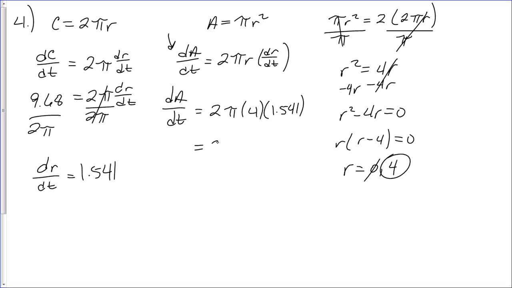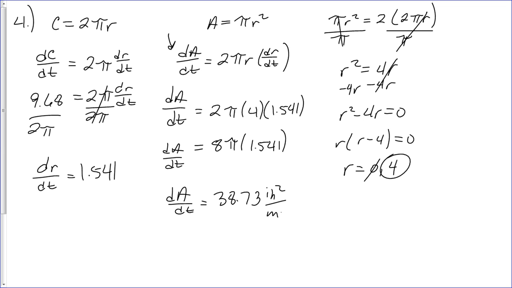So that equals 8 pi times 1.541. So dA/dt is 38.73 inches squared per minute.